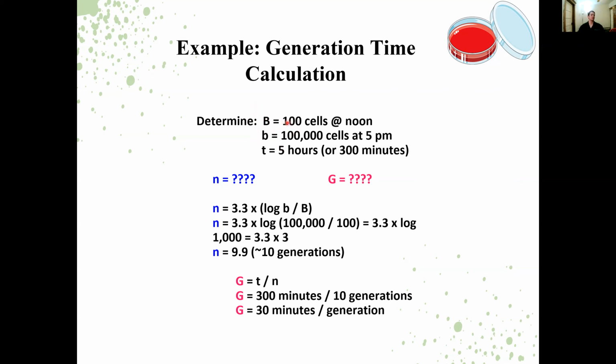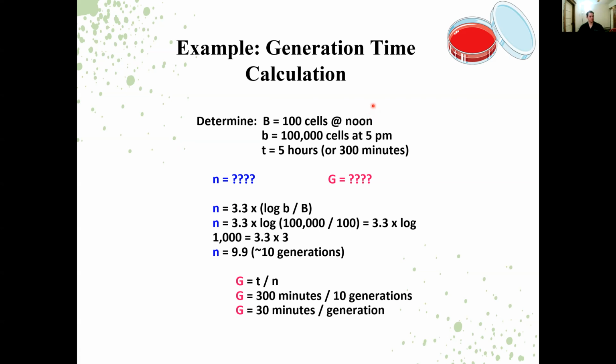In this case, you had 100 cells at noon, and then 100,000 cells at 5 p.m. I will ask you to calculate the generation time and the number of generations. Or I might just ask you to calculate the generation time and expect you to know that for that you would first need to calculate the number of generations.